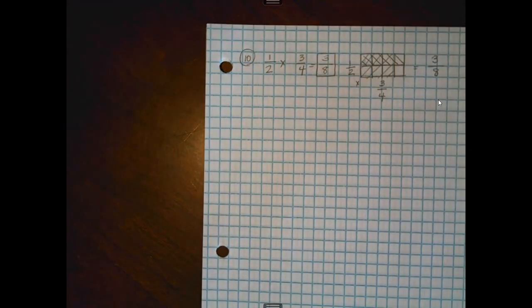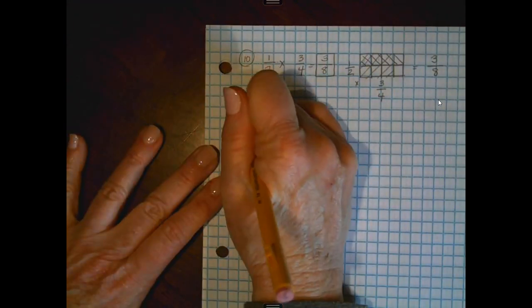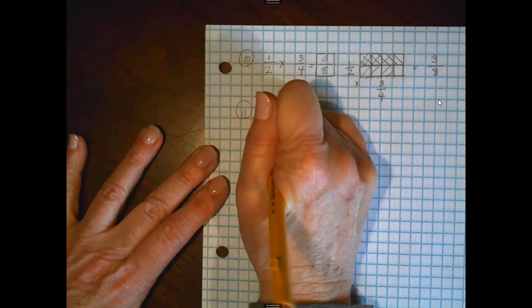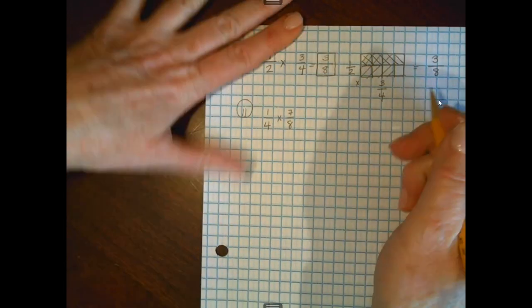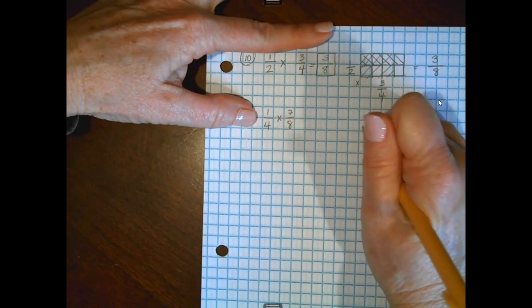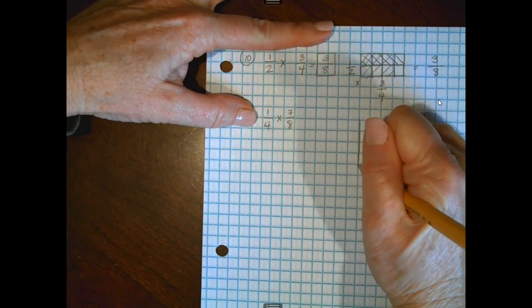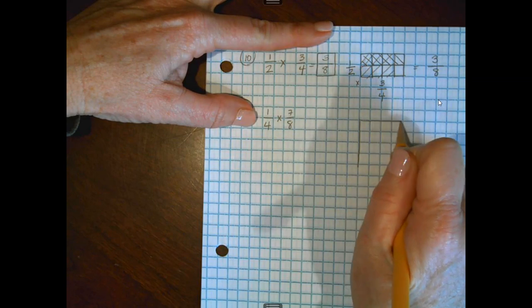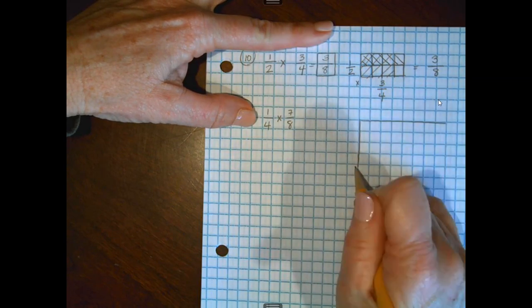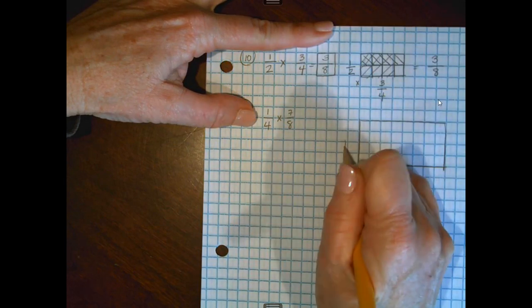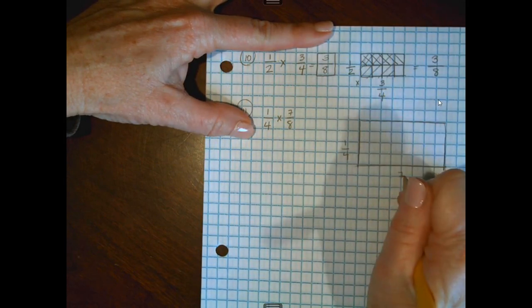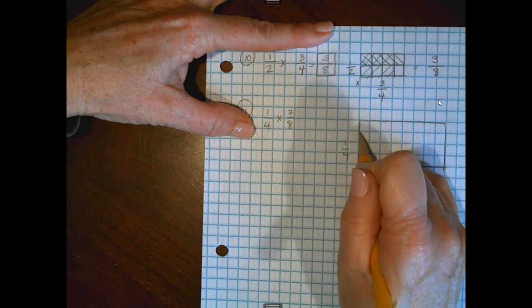All right. Number 11, 1/4 times 7/8. We need a model with 4 rows, 8 columns. We're going to shade 1 out of the 4 in a minute, and we're going to shade 7 of the 8.